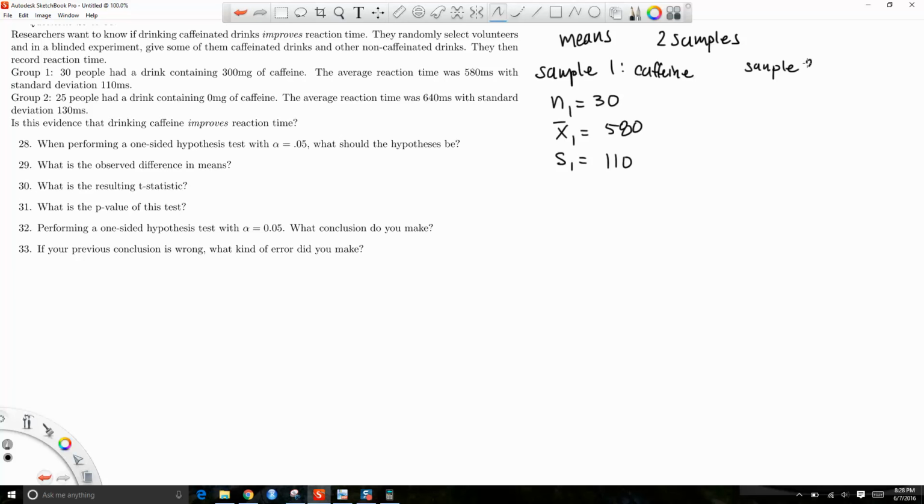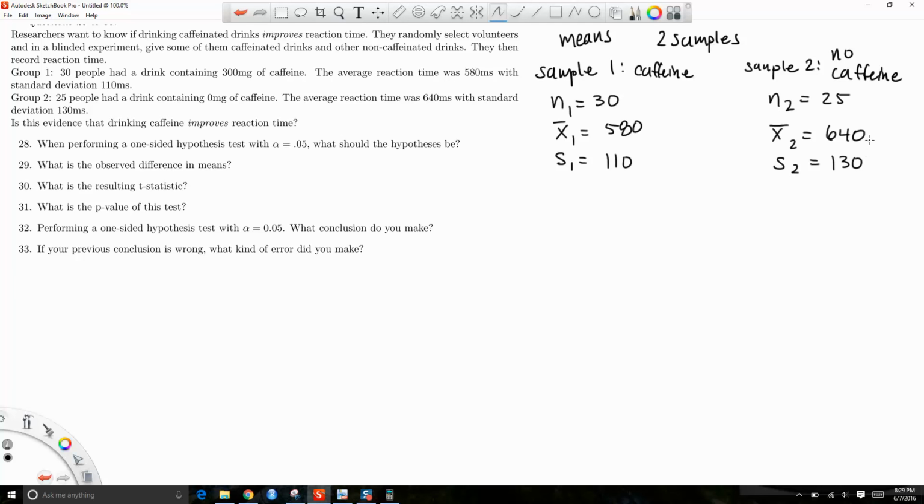Then sample 2 is the no caffeine group. n2 here was 25 people. The average reaction time of these 25 people was 640 milliseconds, and the standard deviation here is 130.